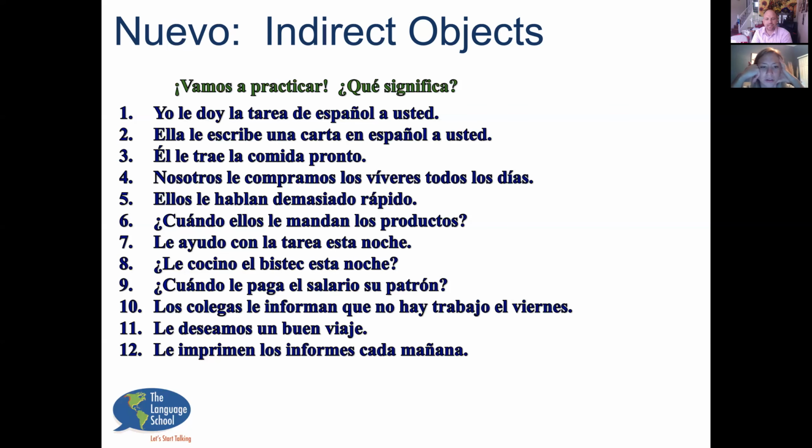Le ayudo con la tarea esta noche. I help you with the homework tonight. Le cocino el bistec esta noche. I cook the steak for you tonight. Or well, I guess, yeah.